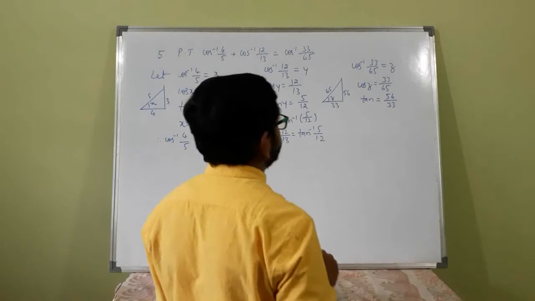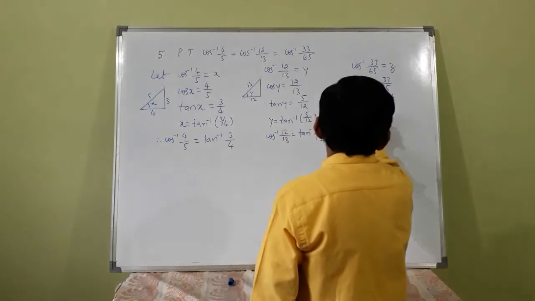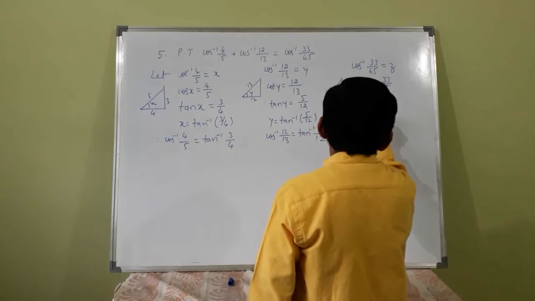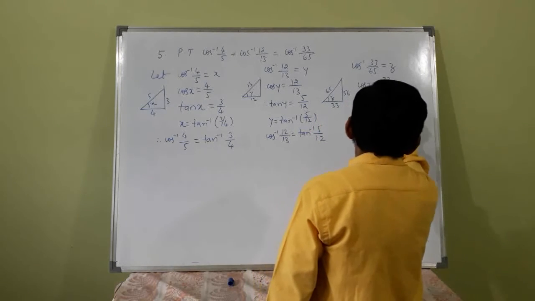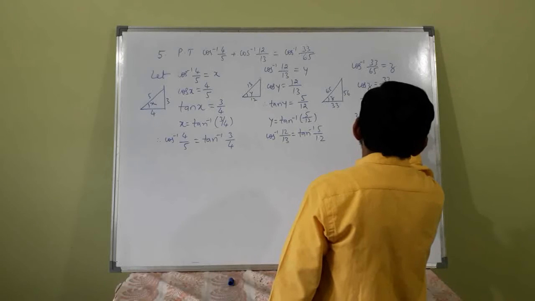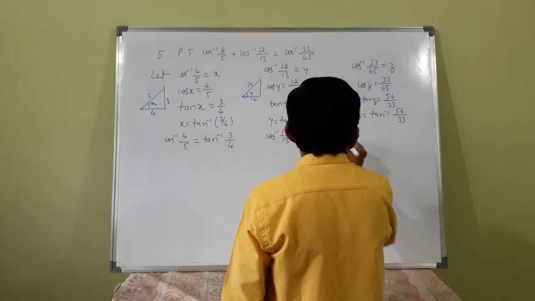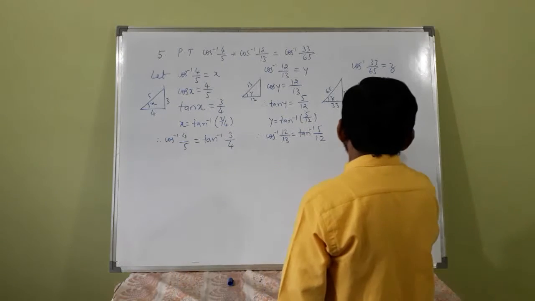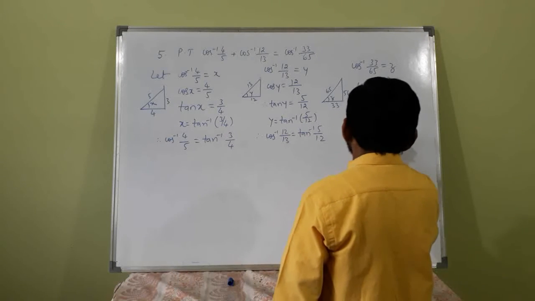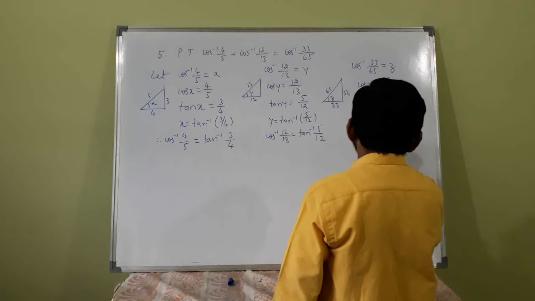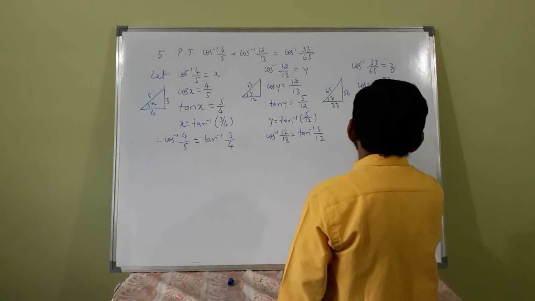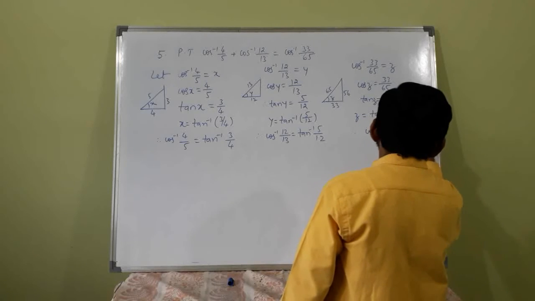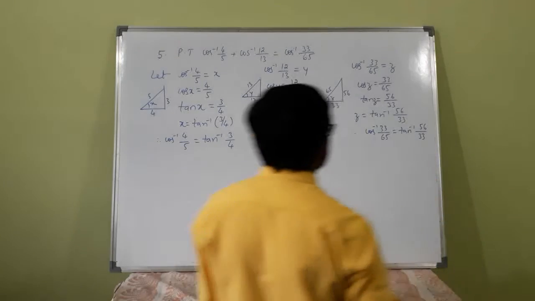Therefore z is equal to tan inverse of 56 by 33. So cos inverse of 33 by 65 is tan inverse of 56 by 33.